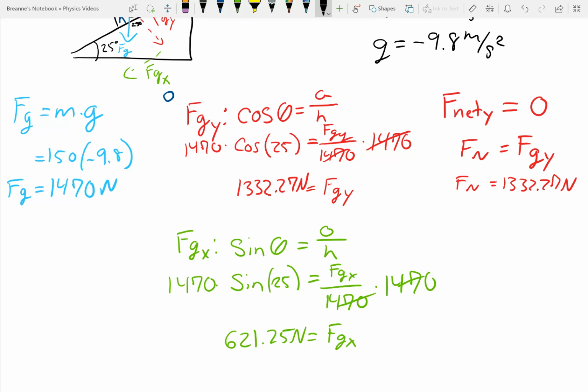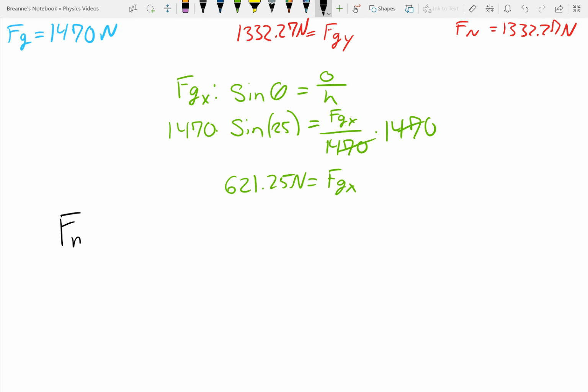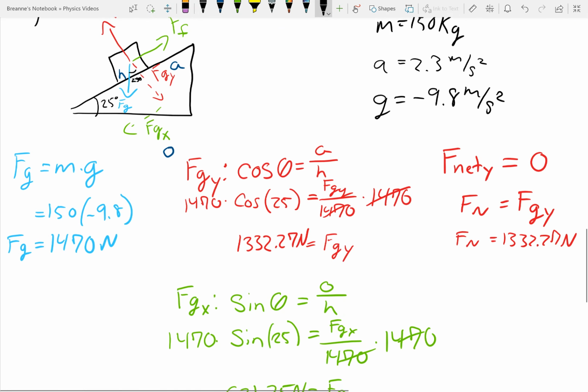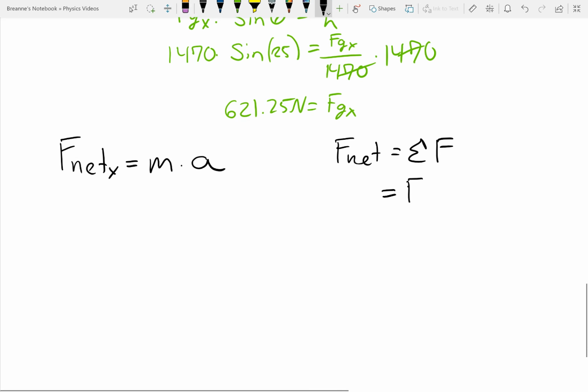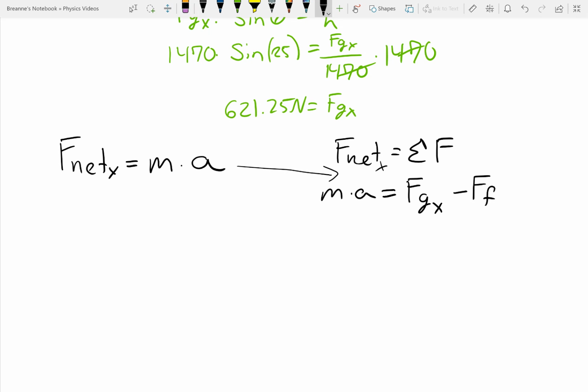So now you can find your force of friction. You have to do that by doing your net force in the x direction. Your net force in the x direction equals your mass times acceleration. You have mass, and you have acceleration. But your net force also equals the sum of the forces. So let's look at how many forces are in the x direction. Well, we have two: force of friction and force of gravity. So force of gravity in the x minus your force of friction equals your mass times acceleration.